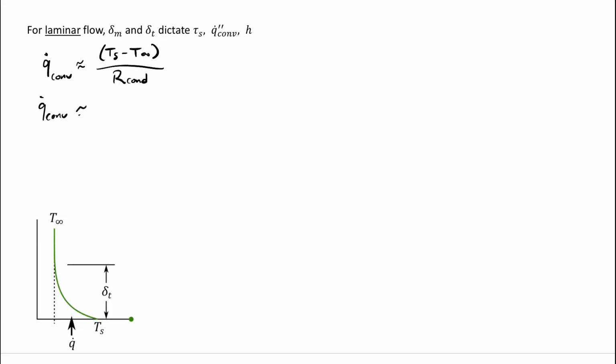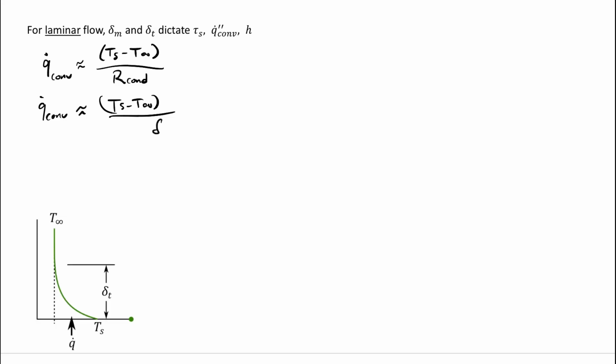So Q dot convection is going to be Ts minus T infinity over, again, what is that resistance? Well, how far do I have to conduct? If I'm conducting from the surface into the free stream, how far do I have to conduct? Delta T, right? That's the boundary layer thickness.